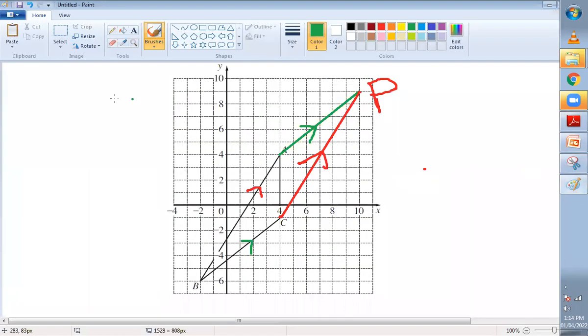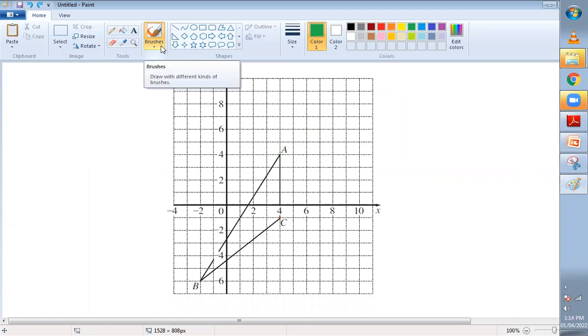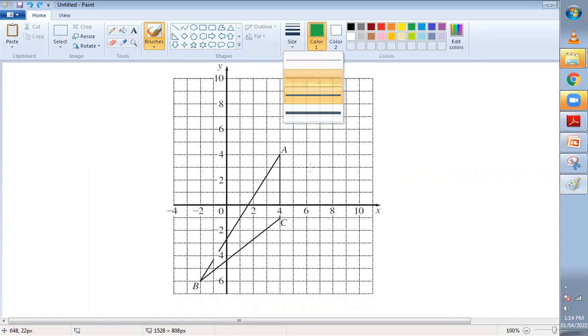Let me explain you first. So they are asking you basically to find out the tan BAC. Okay, so basically what they are asking you is to find the tan of this angle.